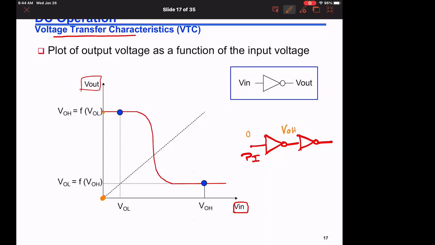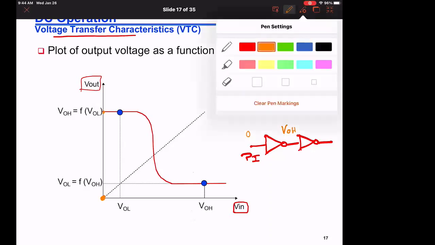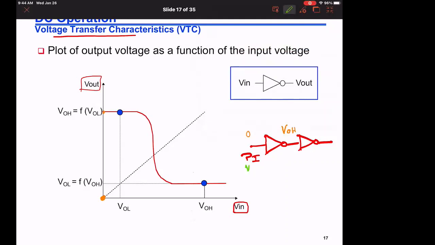And if I input here a signal which is VDD, let us say this is VDD, then my output will be VOL. So although for the first stage I provided 0 and VDD, the input to my next stage now is VOL or VOH.